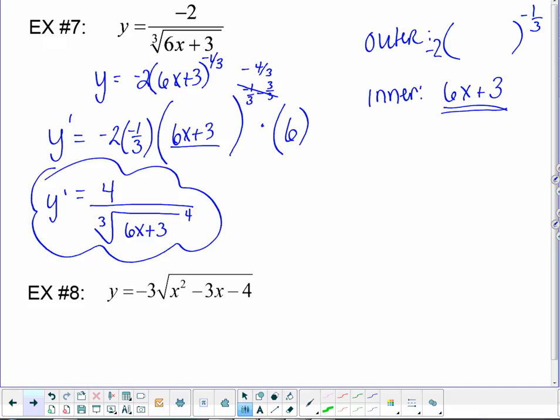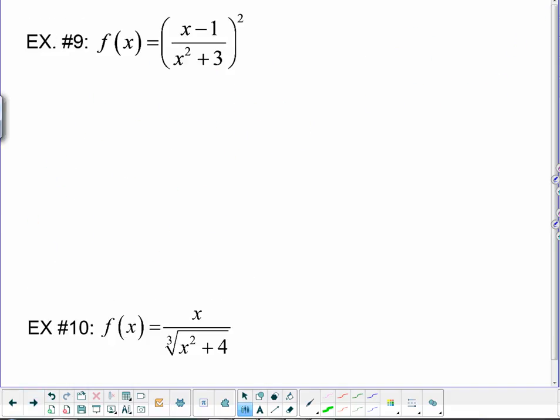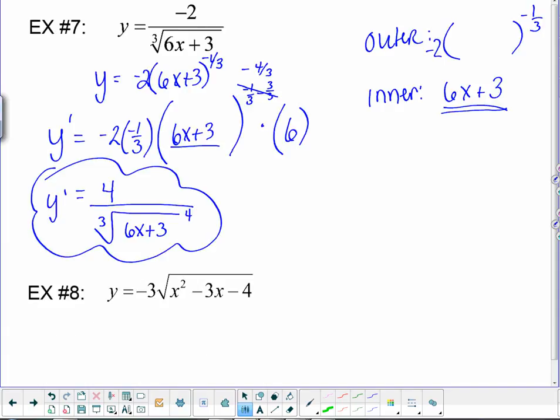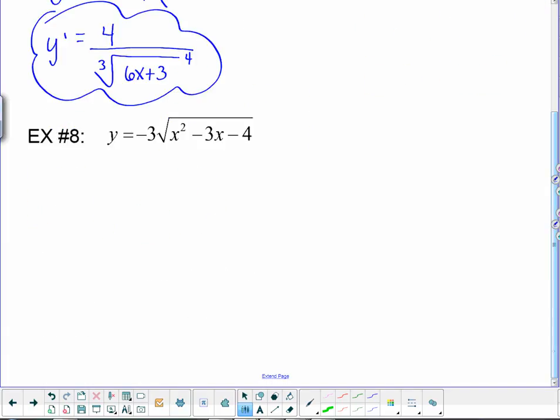And problem 8. Is this our last one? Oh gosh, not quite, huh? We got a couple to go. Rewrite. So my outer function is a negative 3 raised to the positive 1/2. My inner function is an x squared minus 3x minus 4.